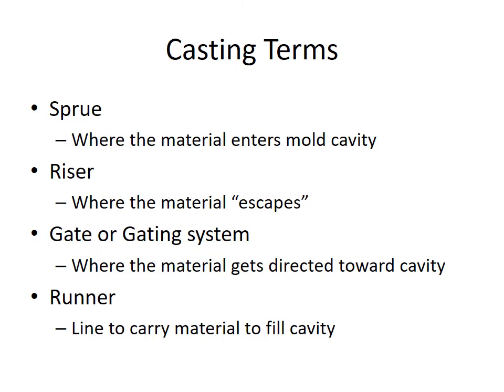It's the same with molten aluminum. It's going to fill everything and then come out to a level. You have gates, which get material in towards the cavity, and runners. Sometimes runner and sprue are interchangeable, where you pour it in.